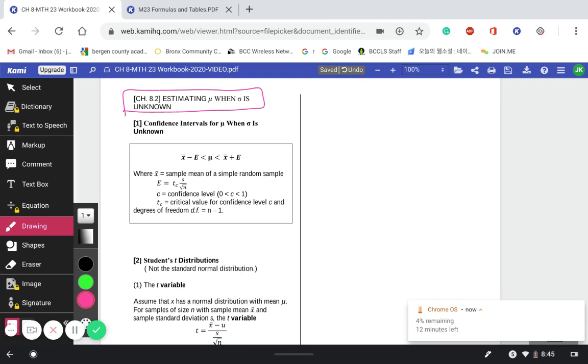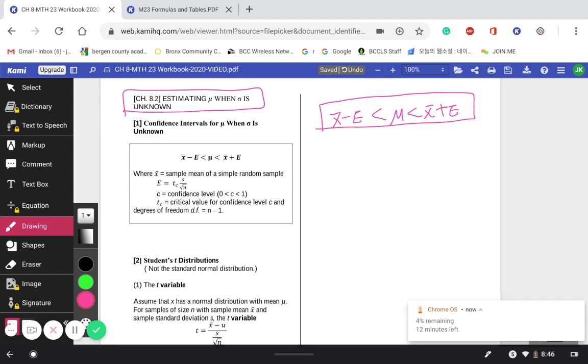When sigma is not known, you're going to use the same format: sample mean minus E less than mu less than sample mean plus E. So we're going to use the same format for the range, but when you try to estimate the margin of error, you will have a different formula.